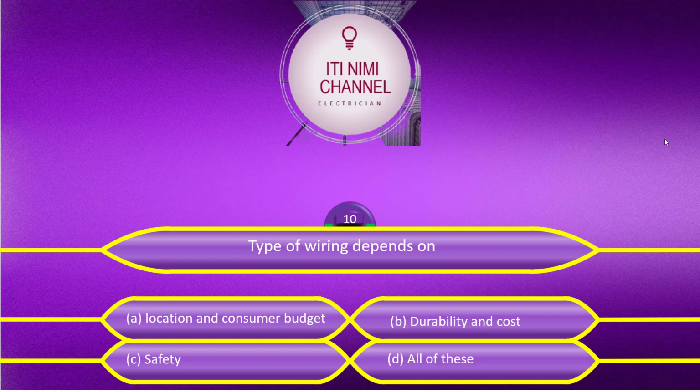Type of wirings depends on location and consumer budget, durability and cost, safety, all of these. The answer is all of these.